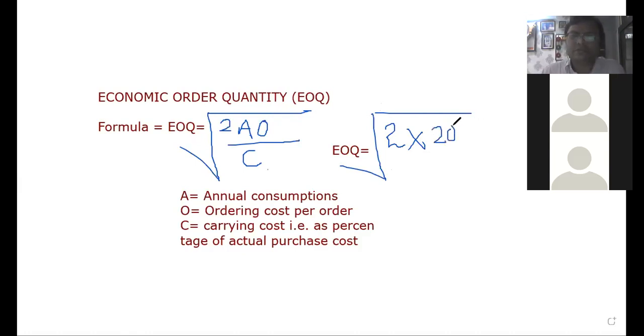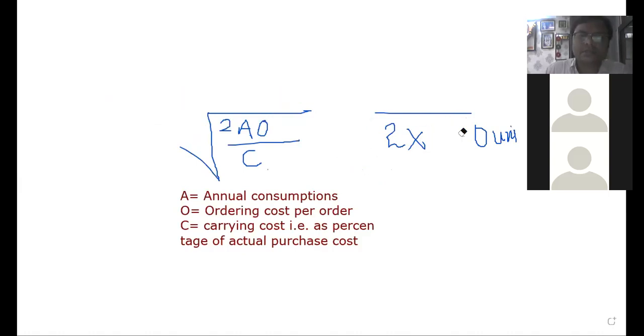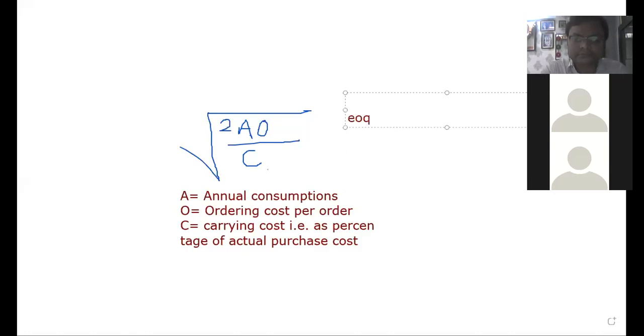Now 2000 is already given, 2000 units. 2 into 2000 units.